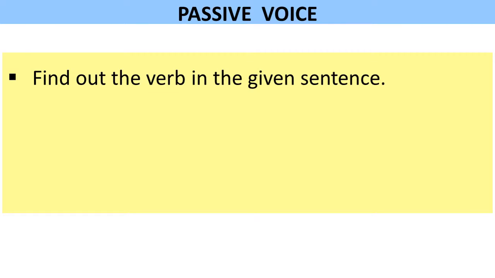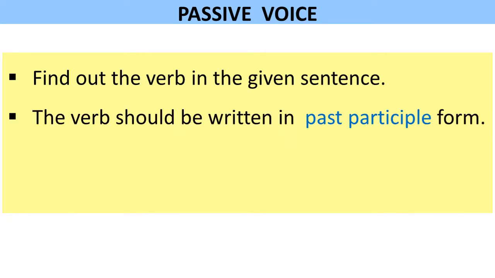When a sentence is given in active voice, before writing that sentence into passive voice, we should remember some points. One of them is to find out the verb in the given sentence. Then the verb should be written in past participle form.